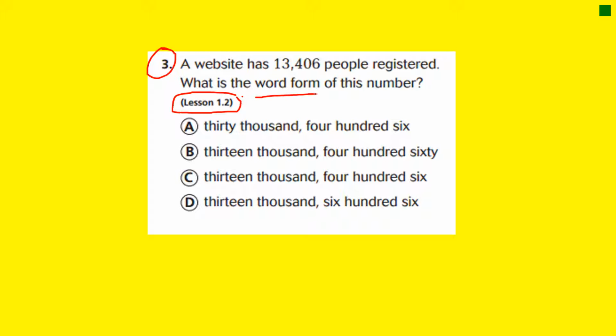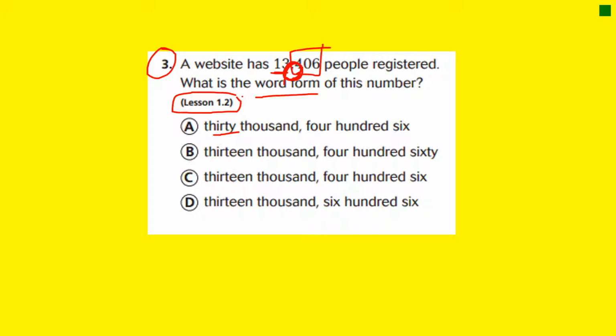What is the word form of this number? Okay, so you have to remember the comma means there's a word that's not a number. And then you just read that first, 13,000, and then you just read that number, 406.